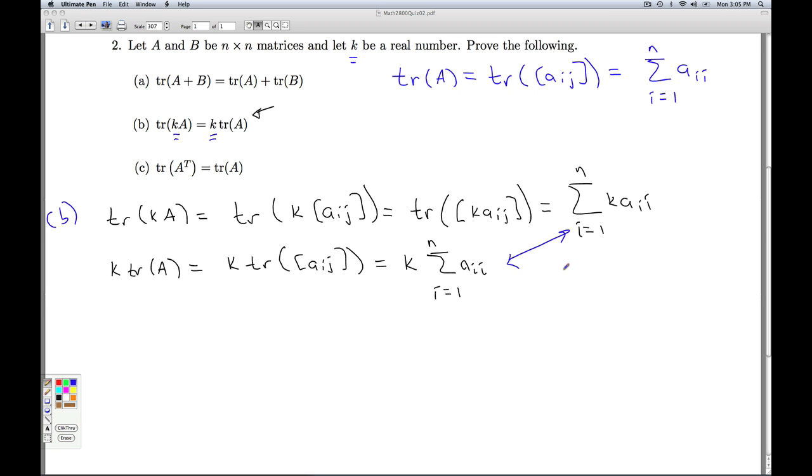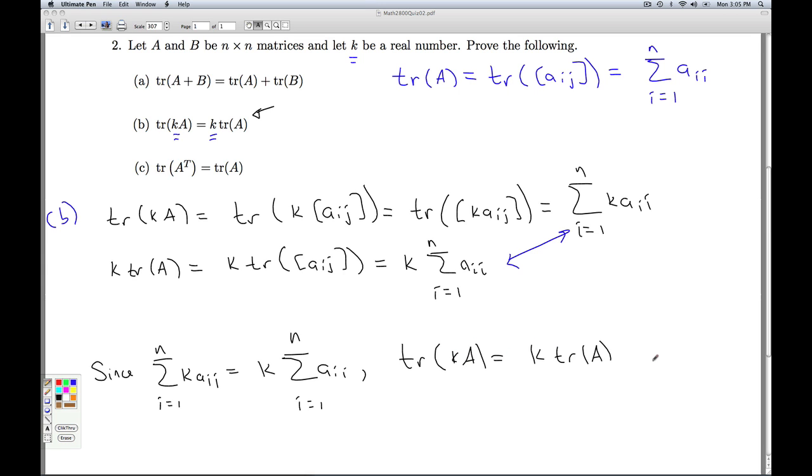These are equal because of the distributive property. Since the sum i equals 1 to n of k a_ii equals k times the sum i equals 1 to n of a_ii, we get that the trace of k times A is k times the trace of A, which is what we wanted to show. So that'll do it for part B.